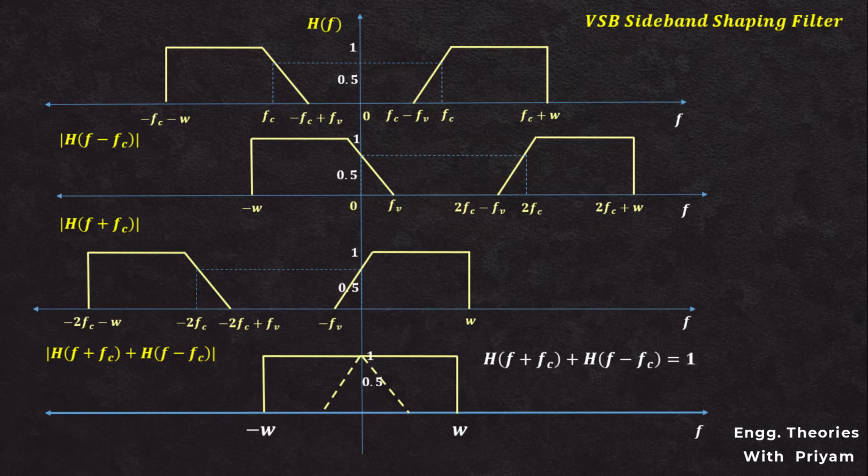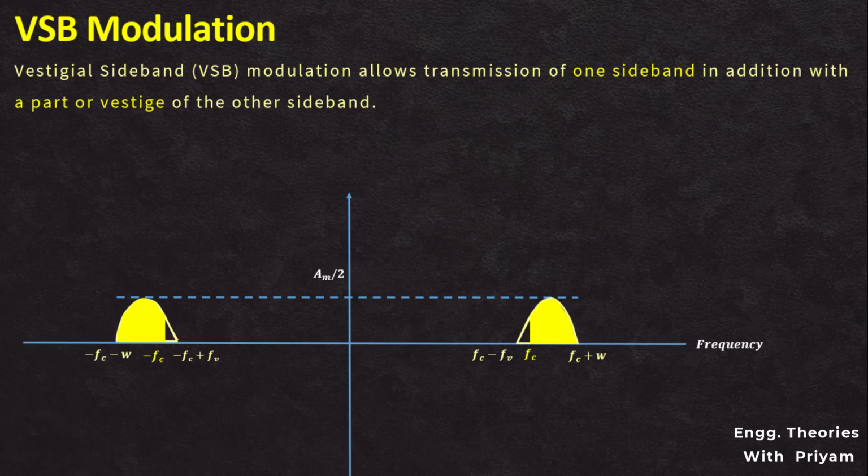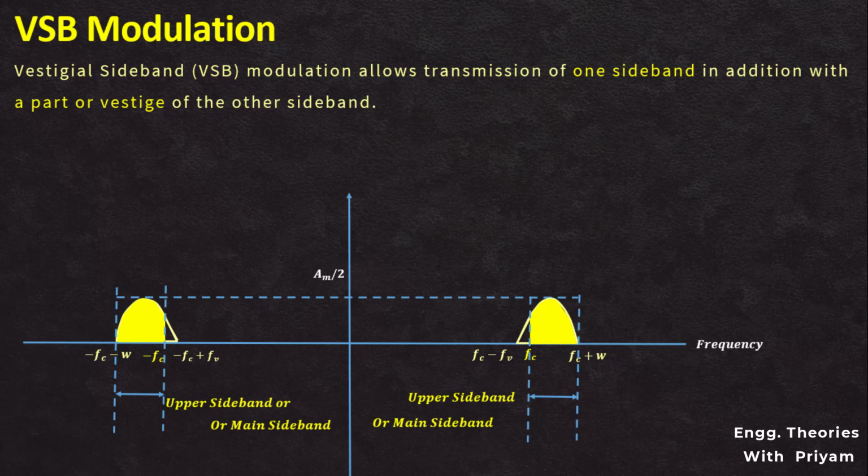The sideband shaping filter plays an important role in the generation of the VSB modulated signal, which transmits one sideband along with the vestige of the other. This VSB modulated signal has two parts: the main sideband with a portion of its spectrum missing, in this case the upper sideband, and the vestige of the other sideband, in this case the lower sideband.